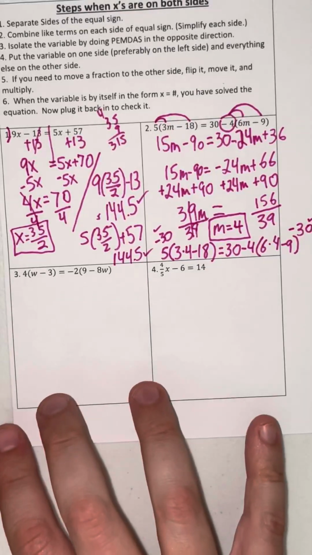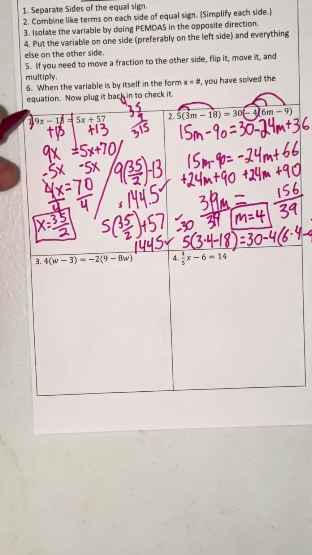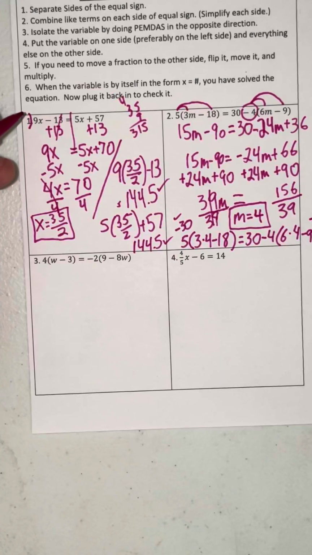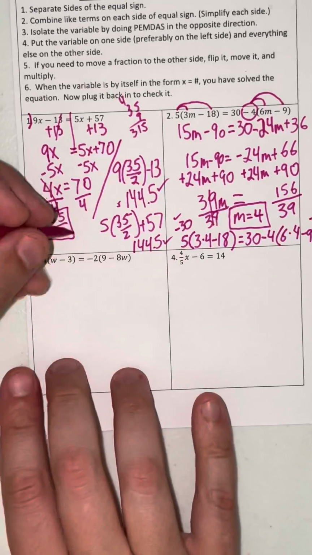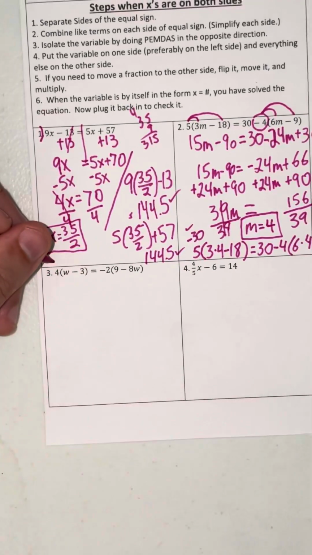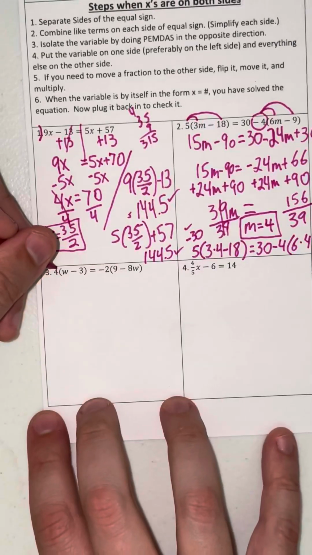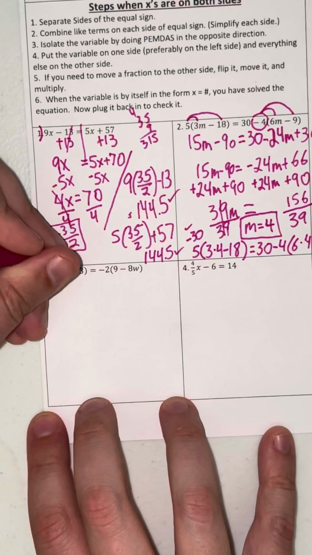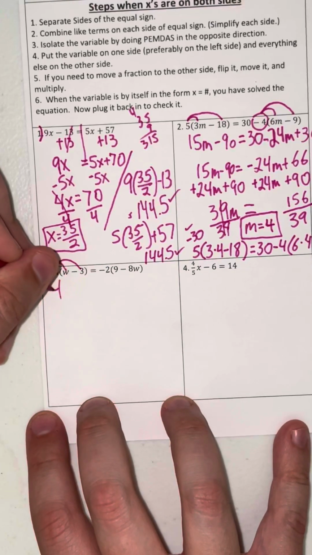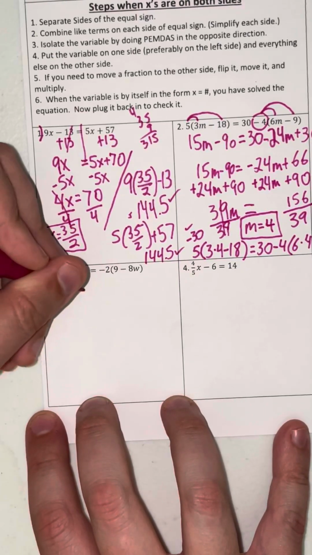Okay, down to my last 2 here. Looks like I'm going to be doing distribution again a little bit. So I'll do 4 going into W and negative 3, which gives me 4W minus 12.